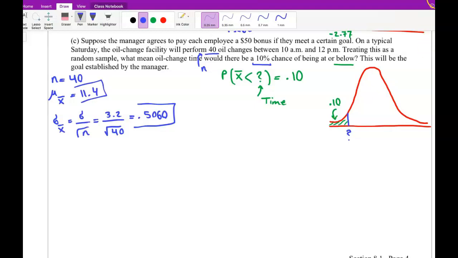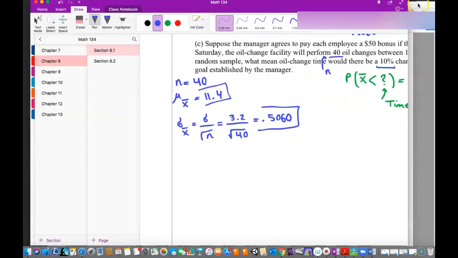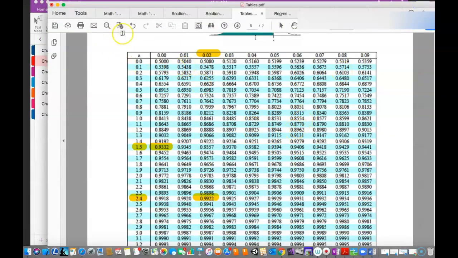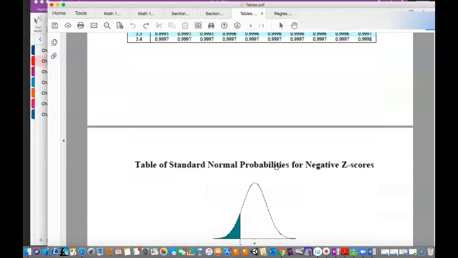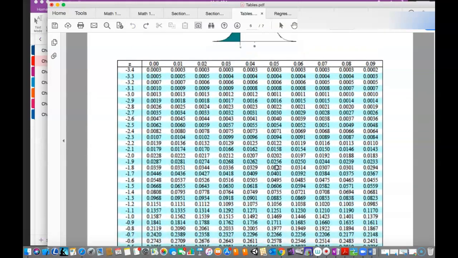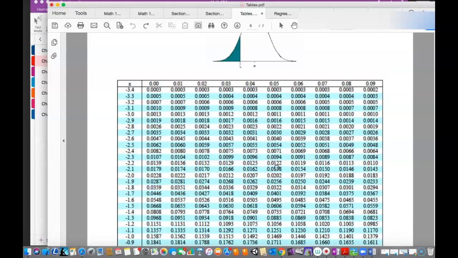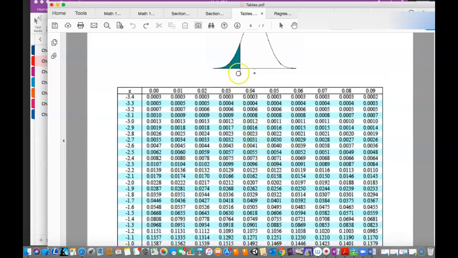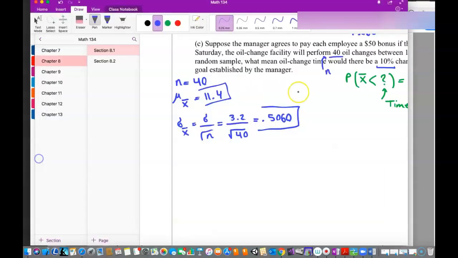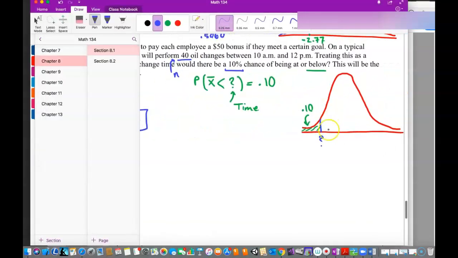Okay, using the table. We should have z on this part.